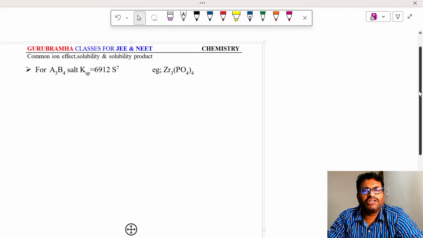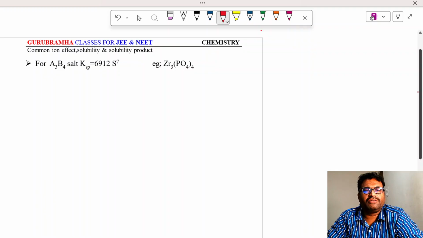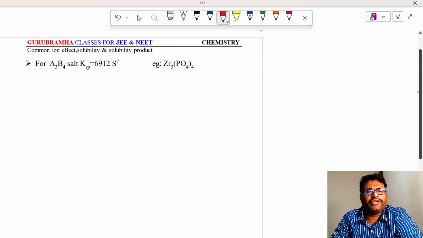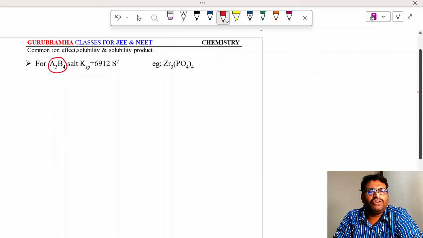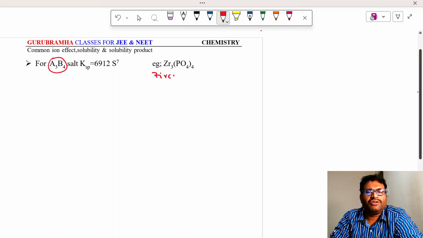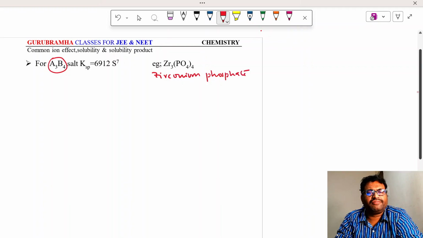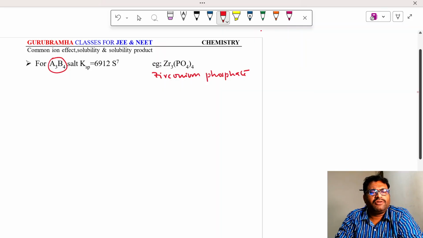So this is generally asked in the examination. Okay. So it is A3B4 type of salt, zirconium phosphate. What is this example? Zirconium phosphate. Okay. So Zr3 PO4 taken 4.